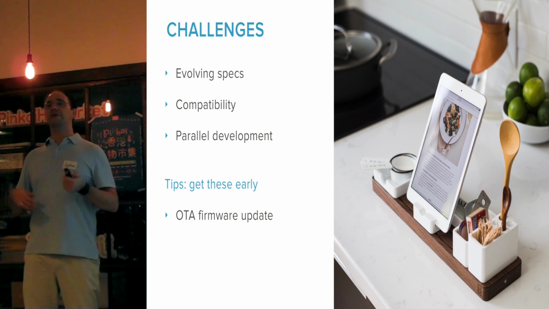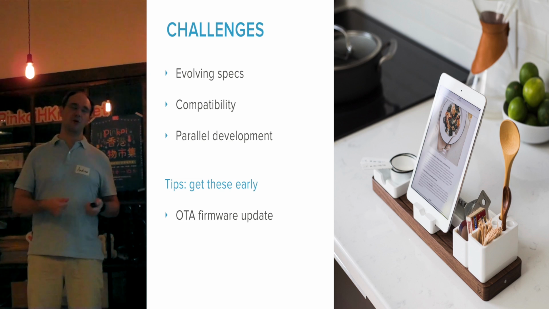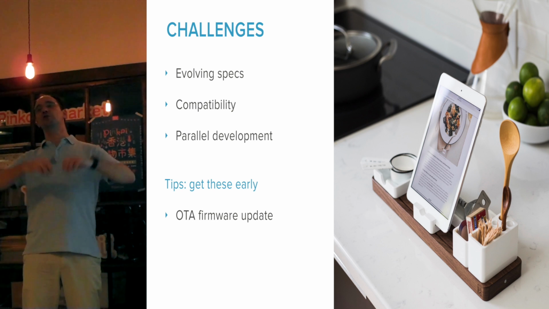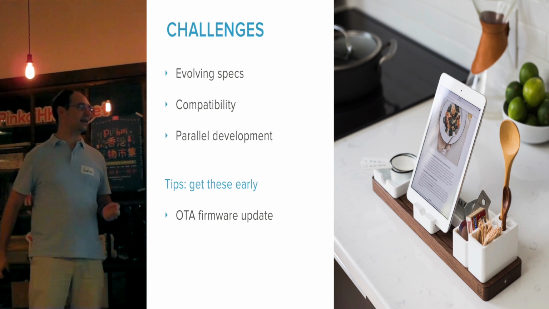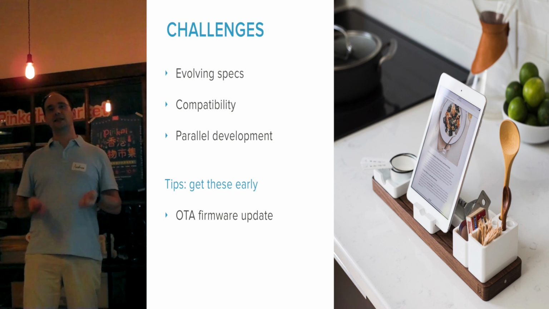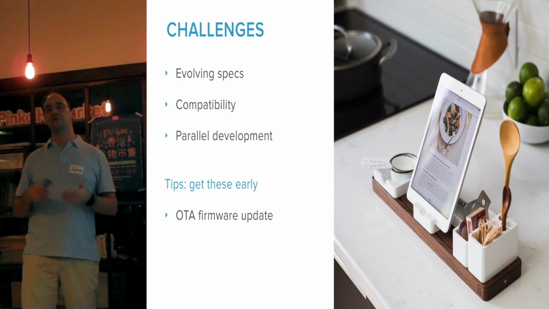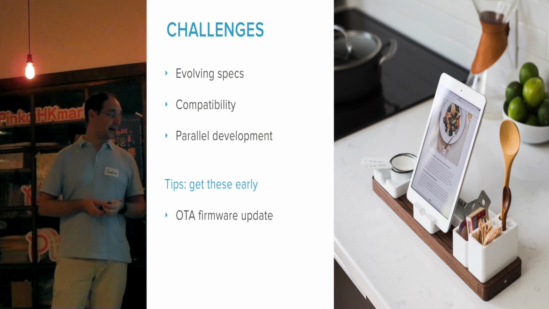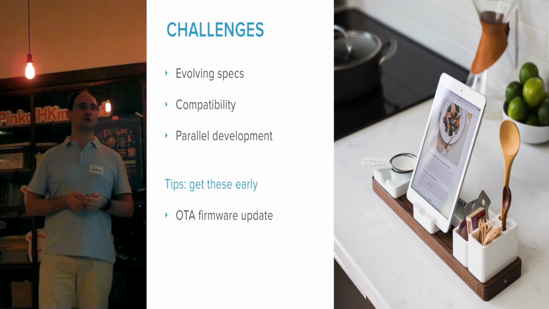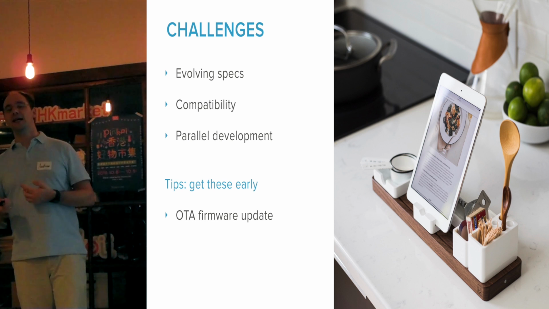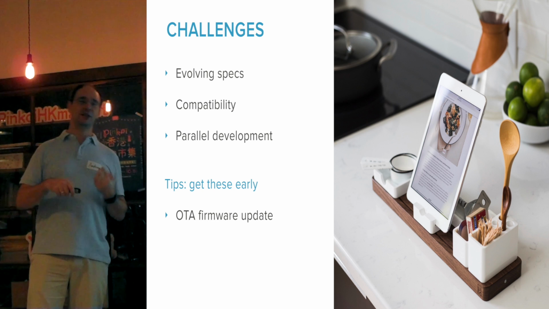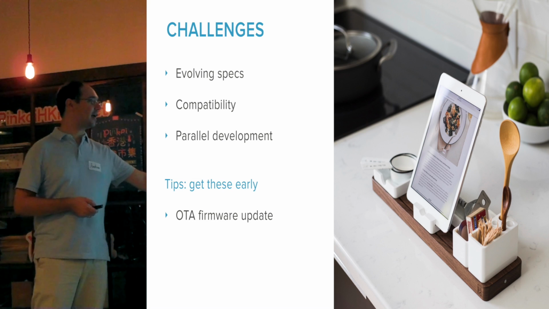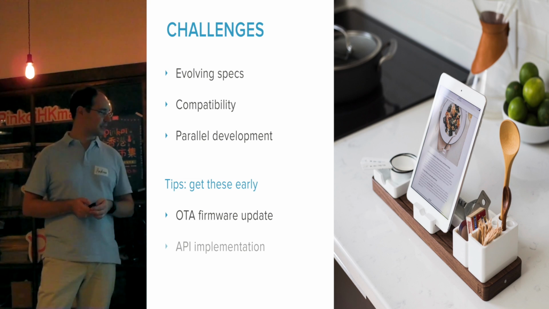Instead of involving the firmware team with cables, having to disassemble the hardware, plug in a cable and update the firmware, you just enable the update of the software inside the hardware by Bluetooth or by Wi-Fi. This speeds up software development a lot because it enables the app team and the firmware team to work more closely together, more in parallel. So OTA firmware update is very important to get earlier.